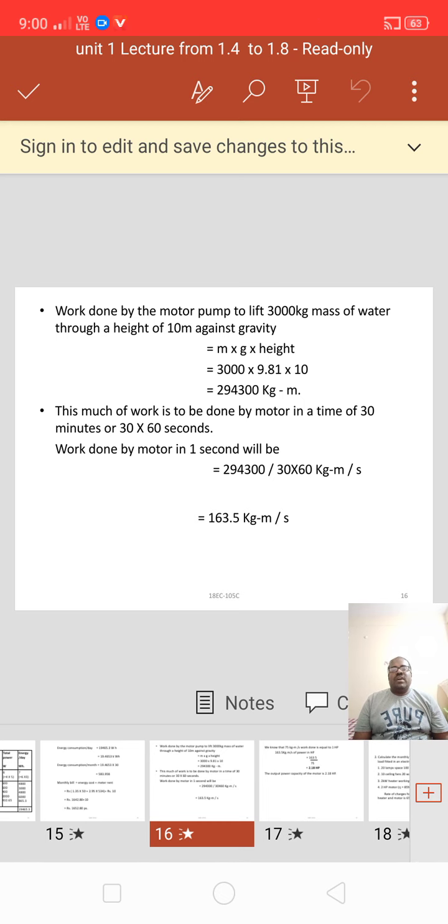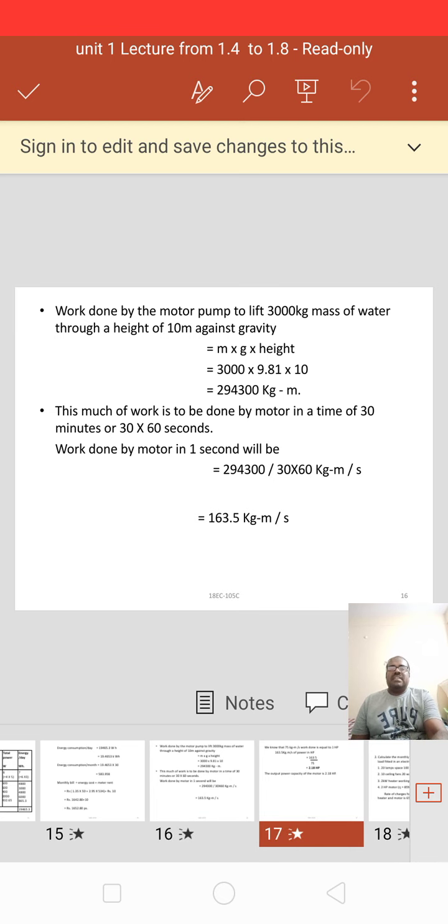This much work is to be done by the motor in a time of 30 minutes or 30 into 60 seconds. Work done by the motor in 1 second will be 294300 by 30 into 60, that is equal to 163.5 kilogram meter per second.